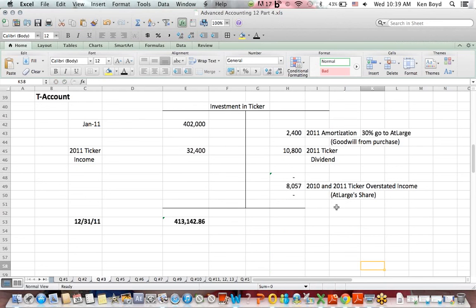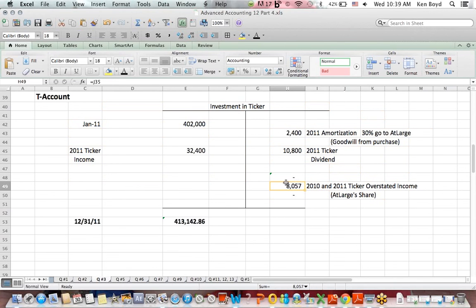So to finish this up, here's the investment in ticker account that at large the parent has on the books. Here's the purchase price, 402. Here's their share of the income. The parent's share of the sub's income, 32,400. Here's amortization of the goodwill. Here's the parent's at large's share of ticker's dividend, which reduces the investment account.